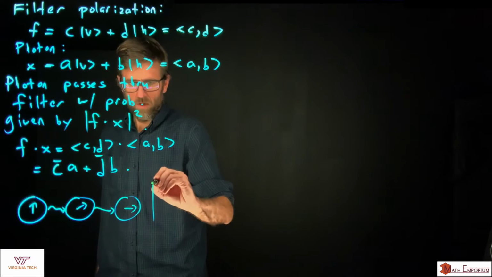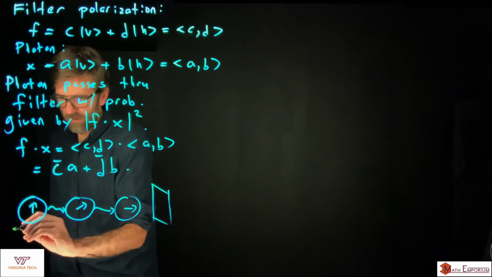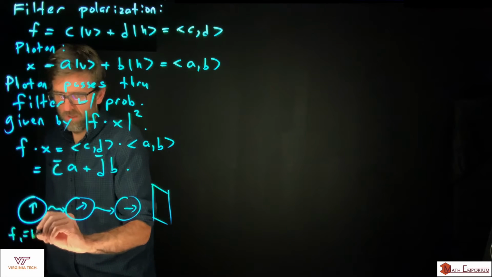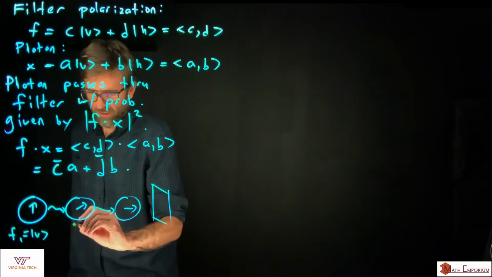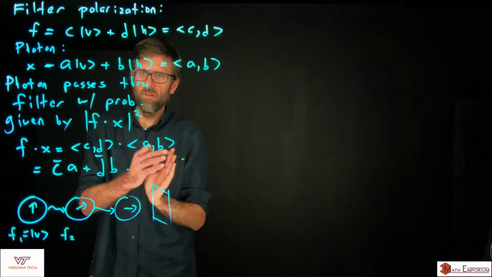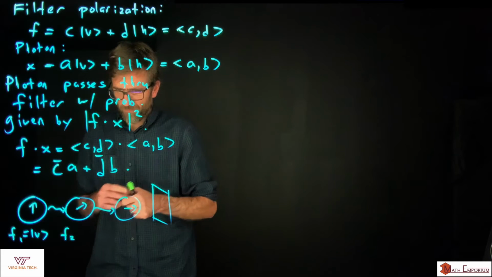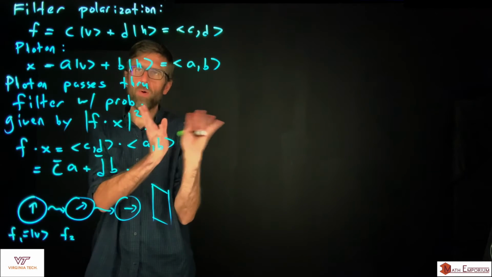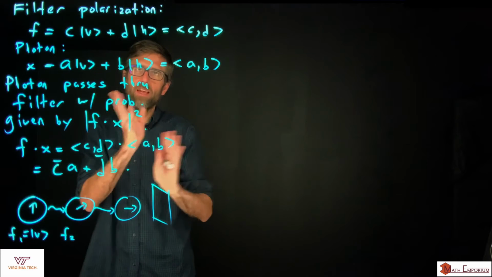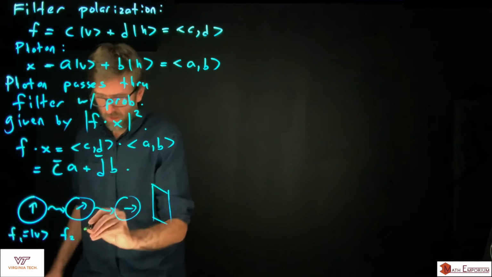So what are my filters? F1 is just V. F2, it looks like it's at a 45-degree angle, so it should have equal components in the V and H directions, but it would also be a unit vector.